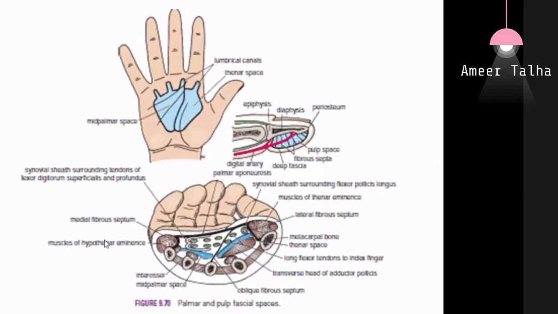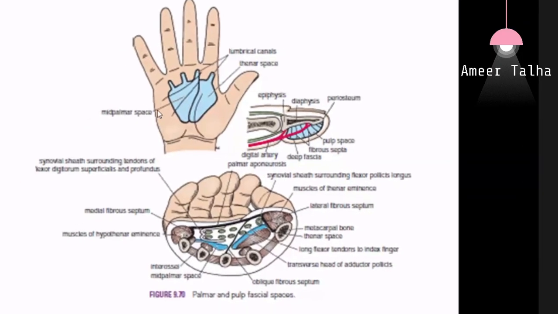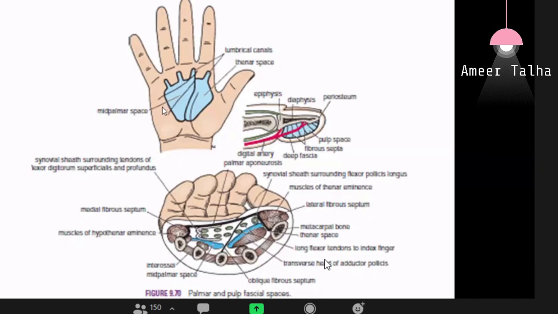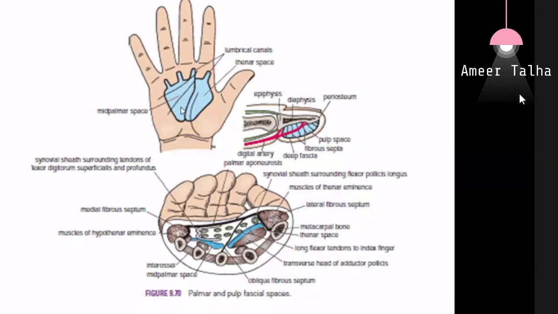Okay. So the mid-palmar space is lying under the palmar aponeurosis, and it is the synovial sheath which is covering the tendons of flexor digitorum superficialis and profundus. Along its lateral side, this area is the thenar space.